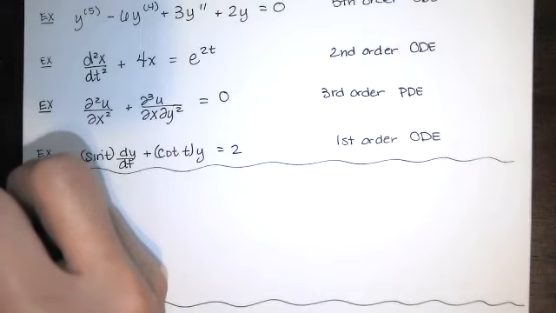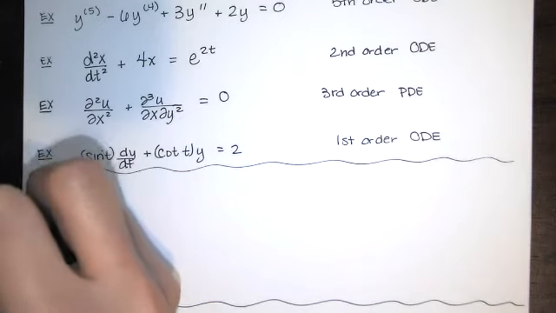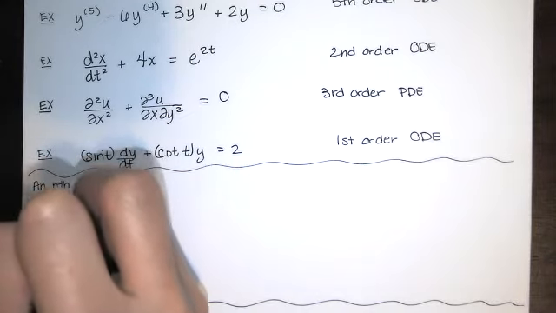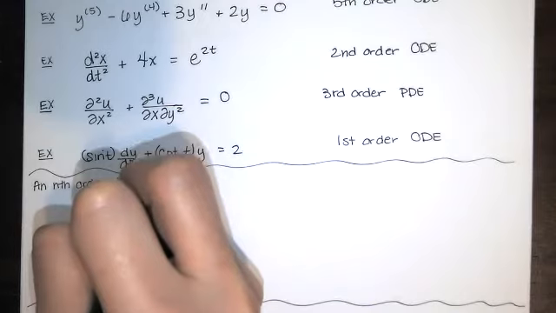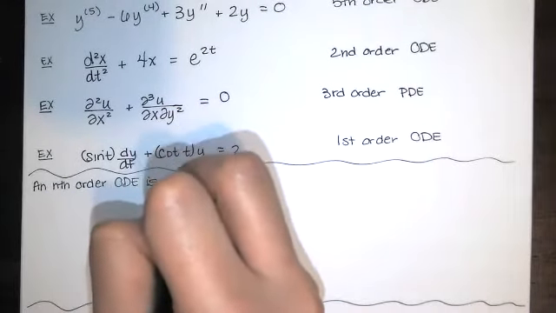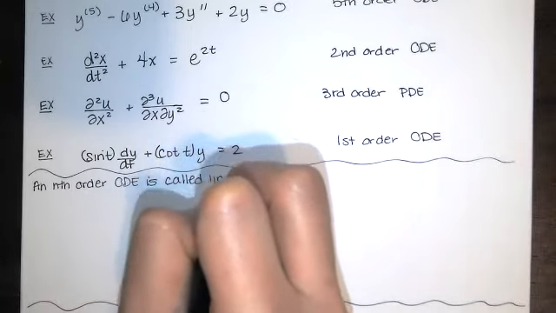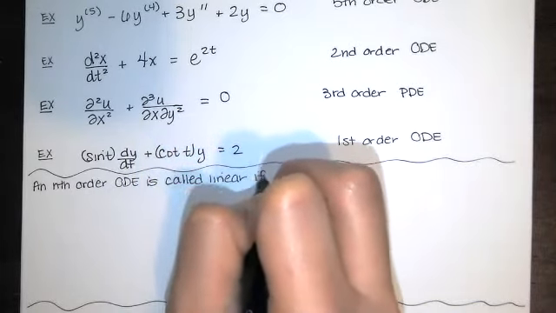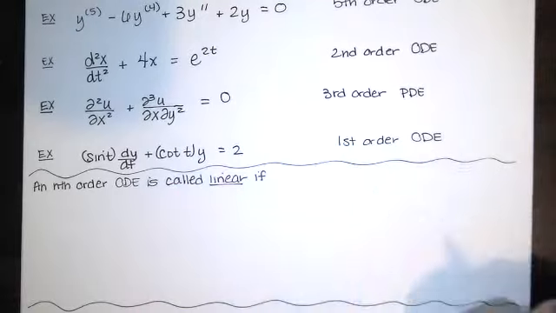So let's say an nth order ordinary differential equation is called linear if it can be written in the following way.